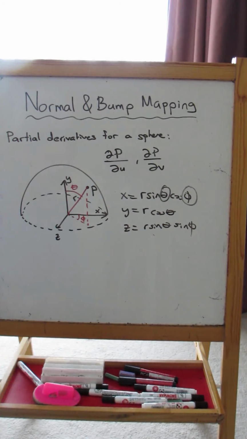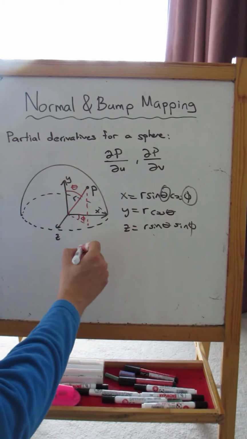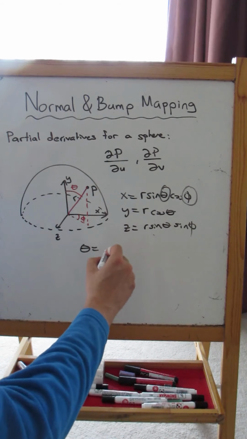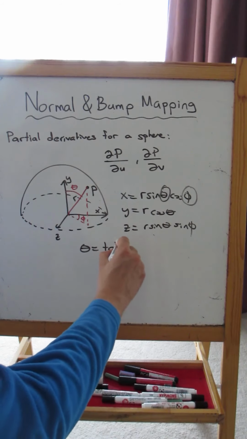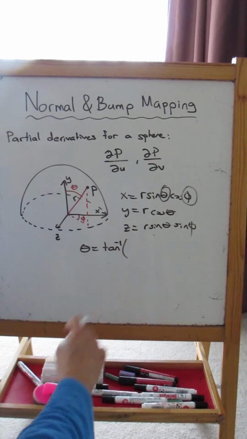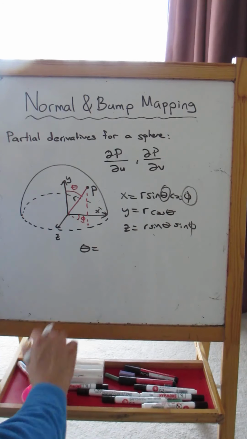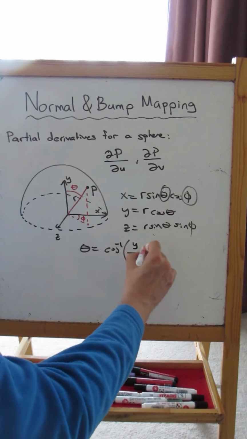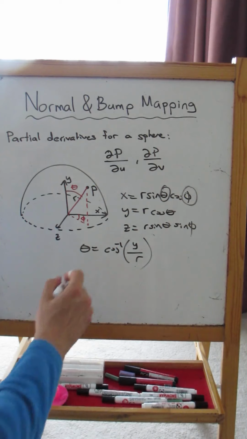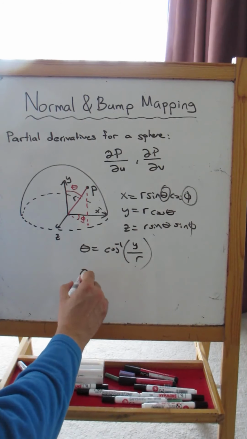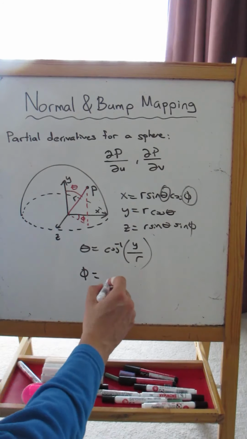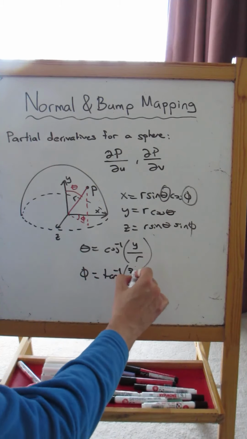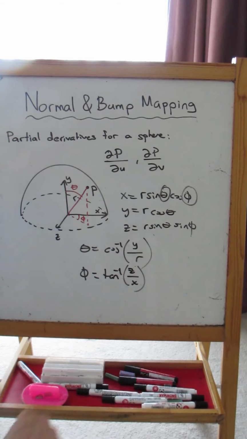Right? We can simply say that theta is equal to cosine inverse of y divided by r, and phi is equal to tangent inverse of z divided by x.